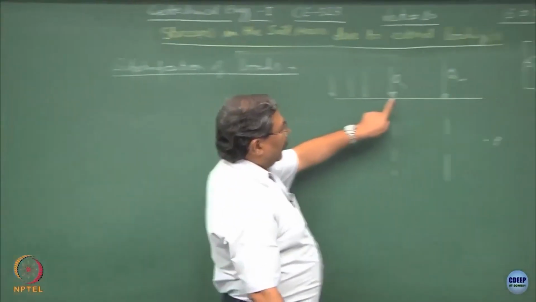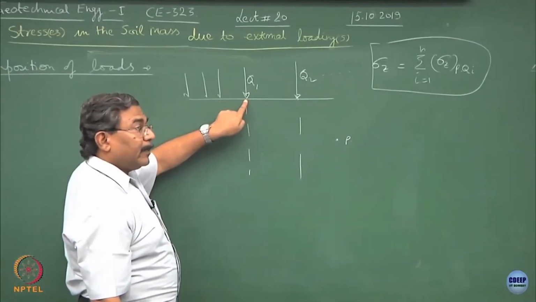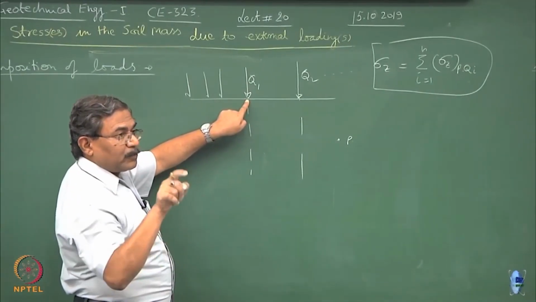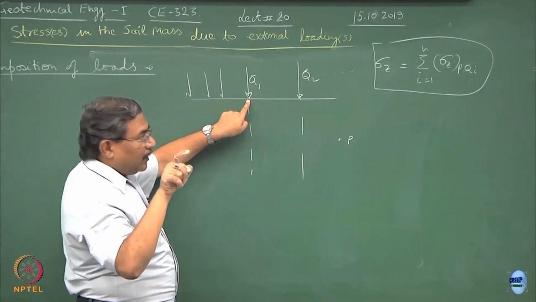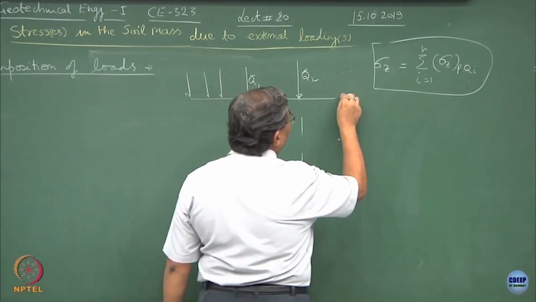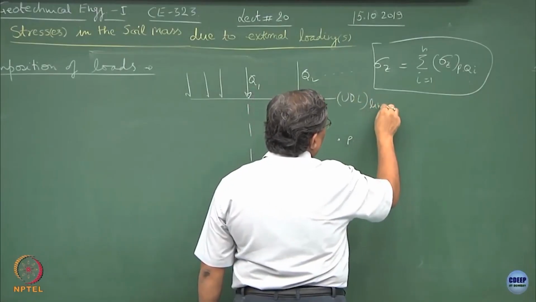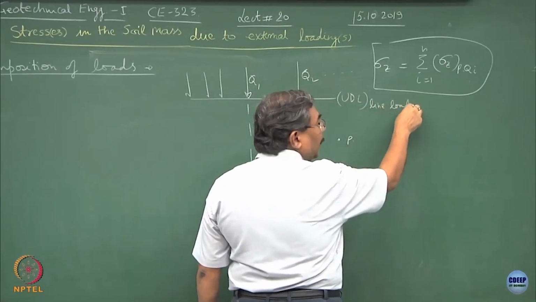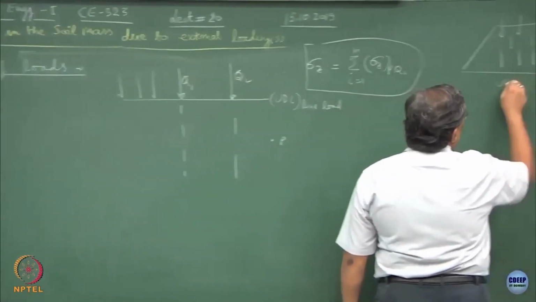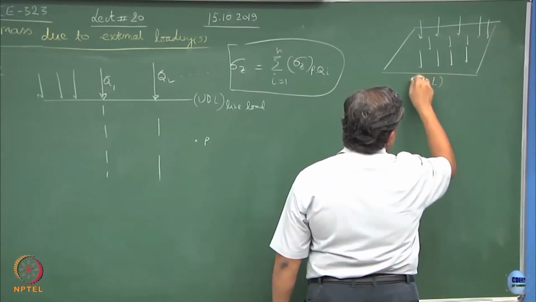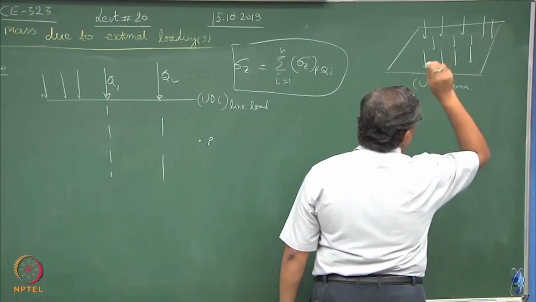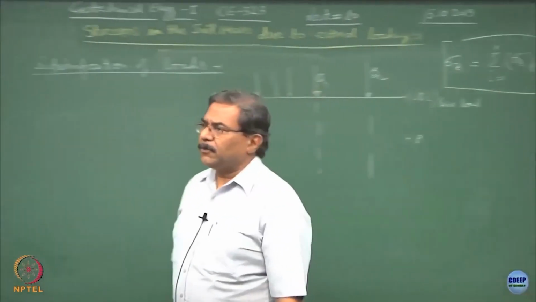From point load, where we were defining the stresses at r equal to 0, z equal to 0, I have created a uniformly distributed load in the form of the line load and uniformly distributed load on the area. It's okay.